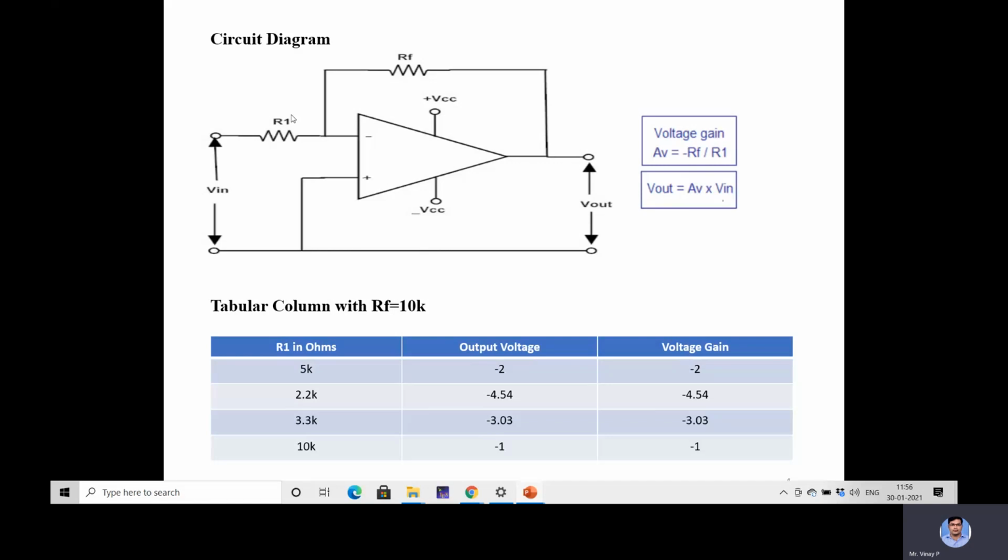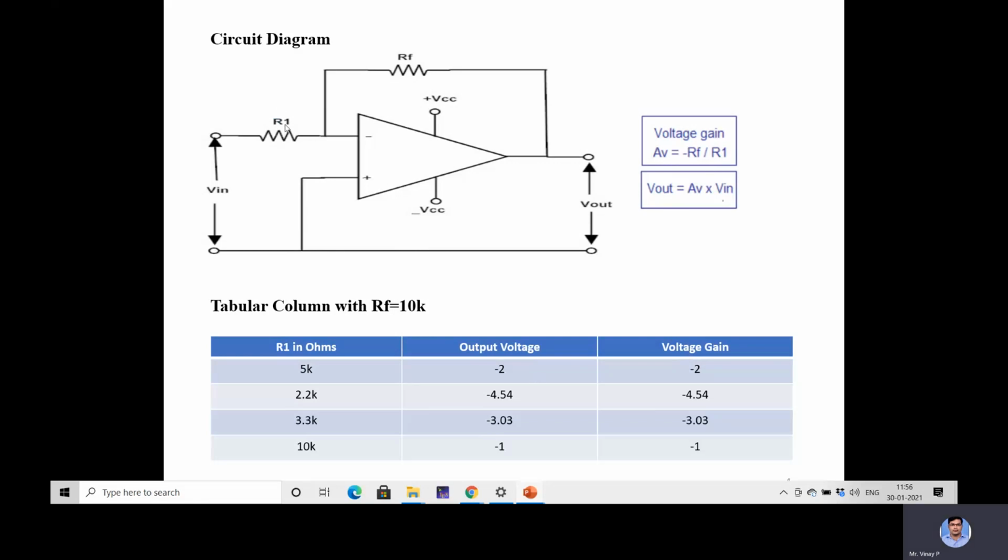In this circuit, I'll verify the output and the gain of the circuit. For that, I'll consider different values of R1 and keep RF fixed. RF is 10 kilo ohm, and R1 I'll take as 5 kilo ohm. So the gain is expected to be minus 10k divided by 5k, that is minus 2.